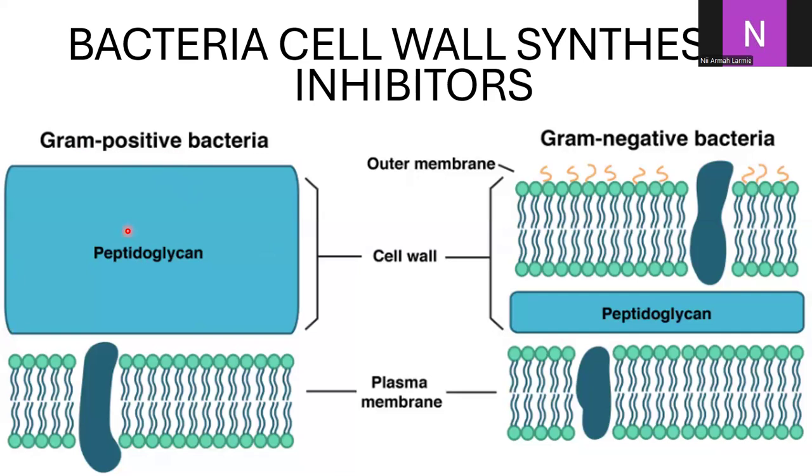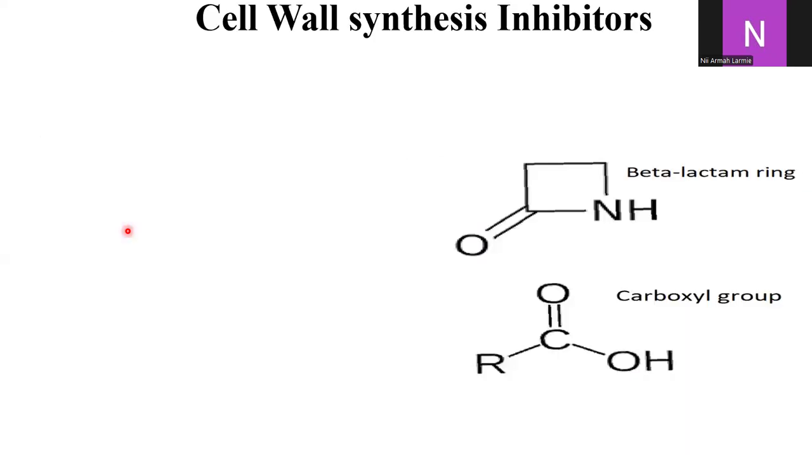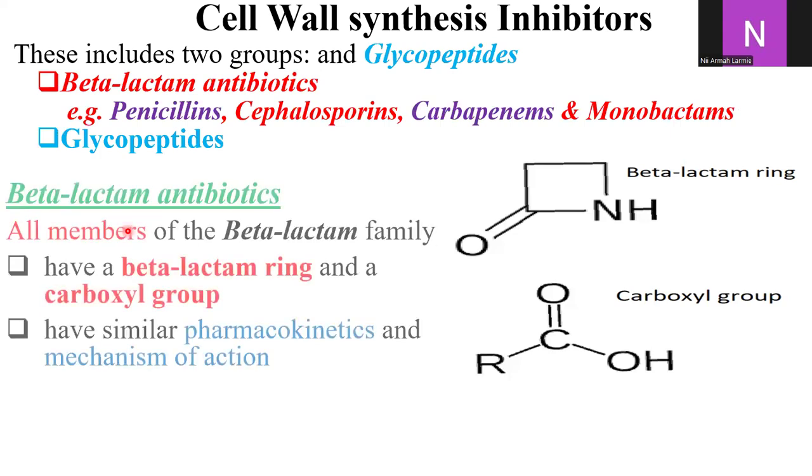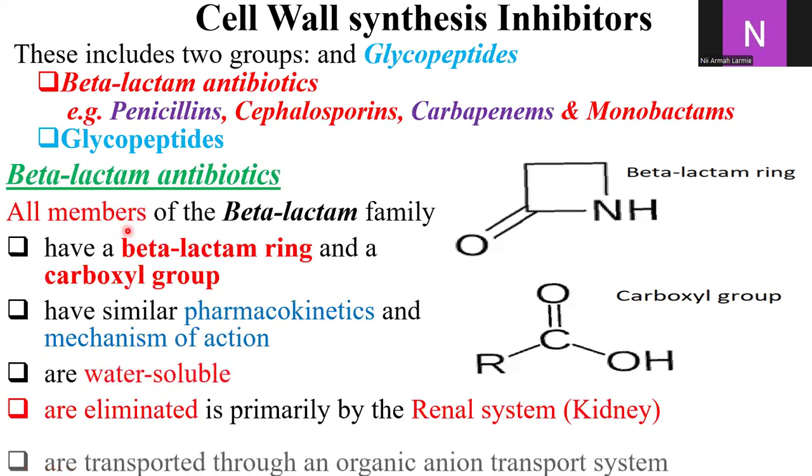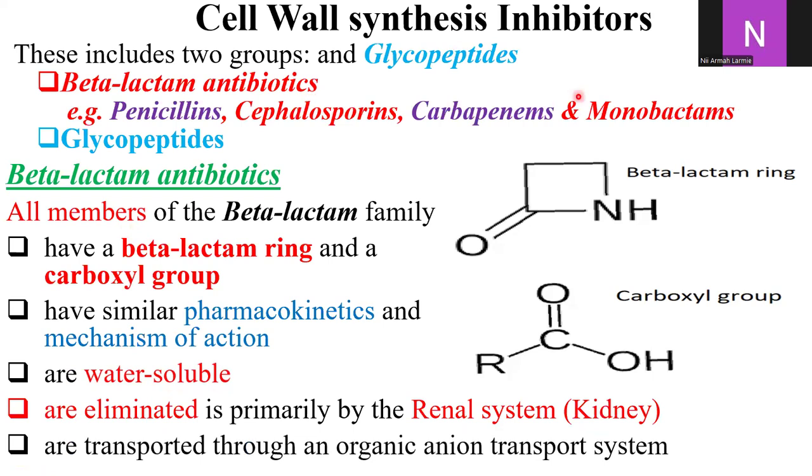So we will start with the first group, the beta-lactam antibiotics. Cell wall synthesis inhibitors can be grouped into two: the beta-lactam antibiotics and the glycopeptides.